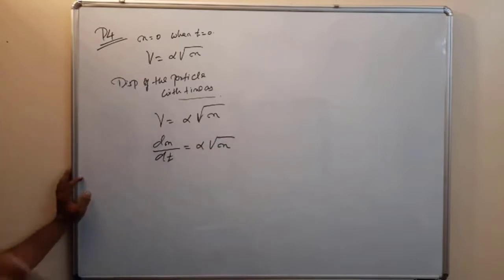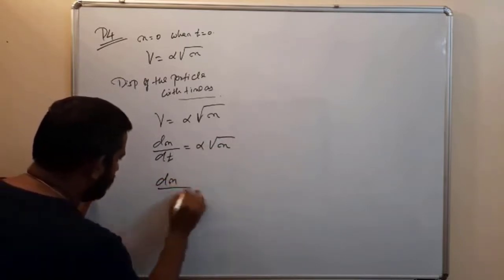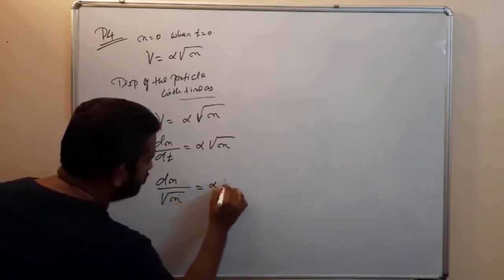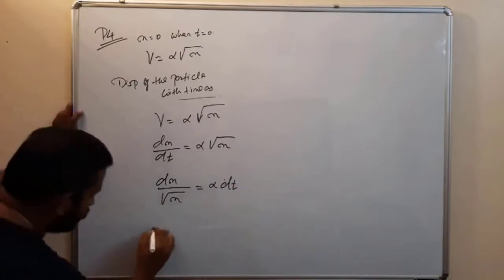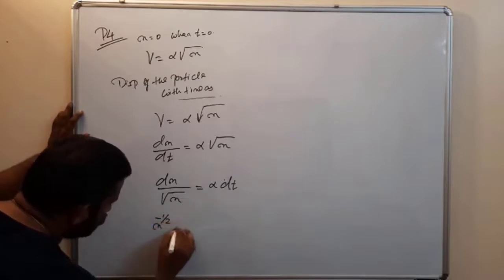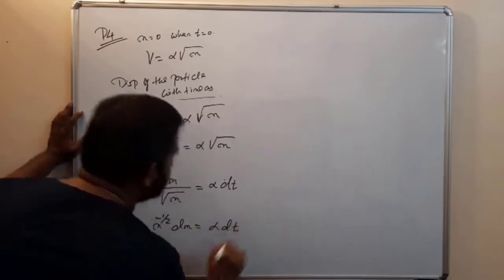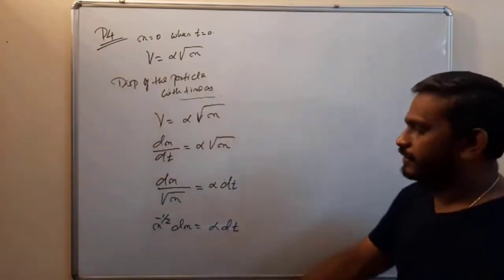Second step, arrange the variables. So dx by root x equal to alpha dt, that is x power minus 1 by 2 dx equal to alpha dt. Then next step, integrate.